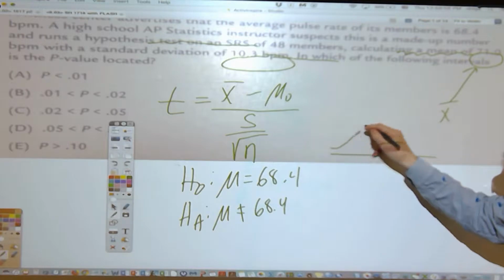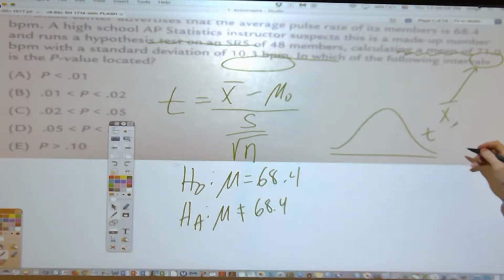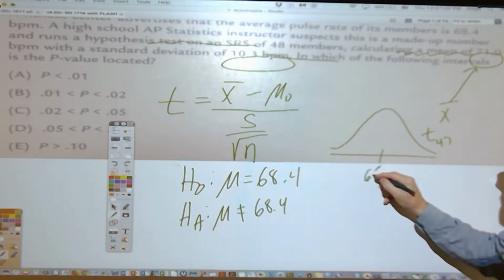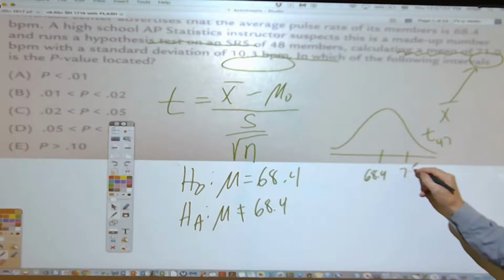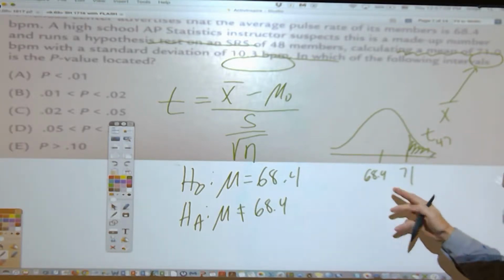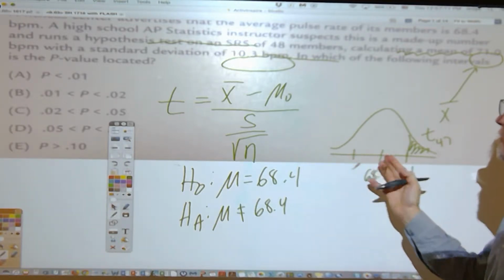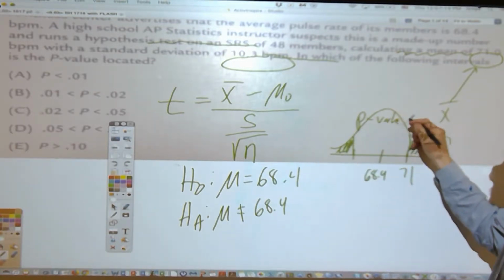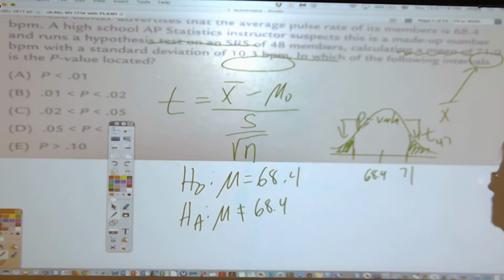Hypotheses. The model is going to be a Student's t model with 47 degrees of freedom. The hypothesized mean is 68.4. We observed 71, and you'd subtract to find the difference between 68.4 and 71. I don't really care what that number is, but the p-value is going to be the sum of these two areas.